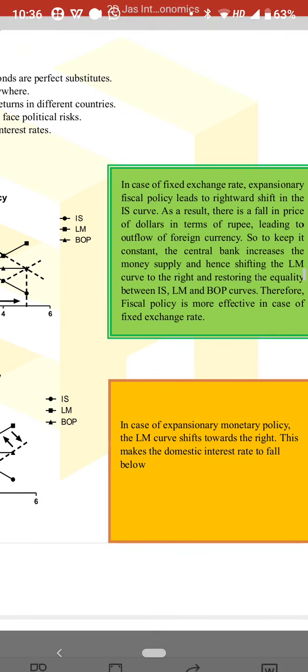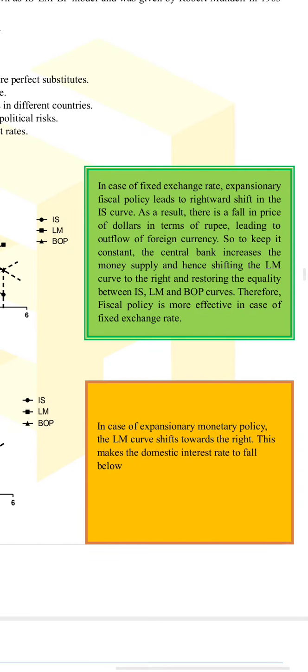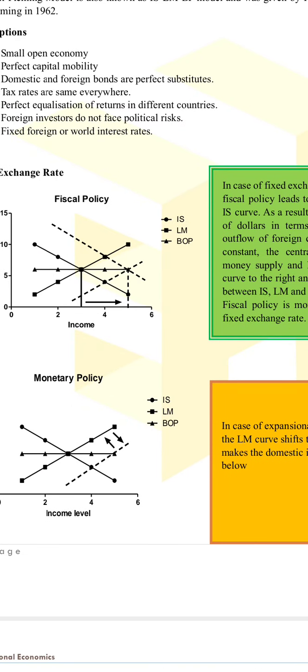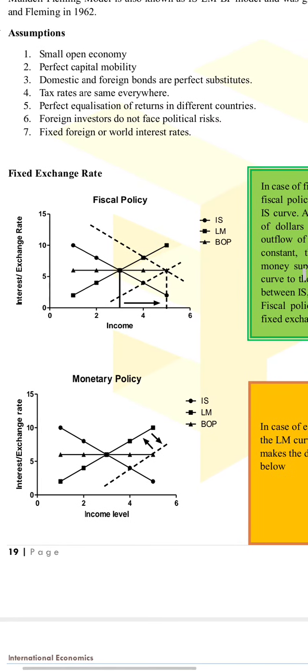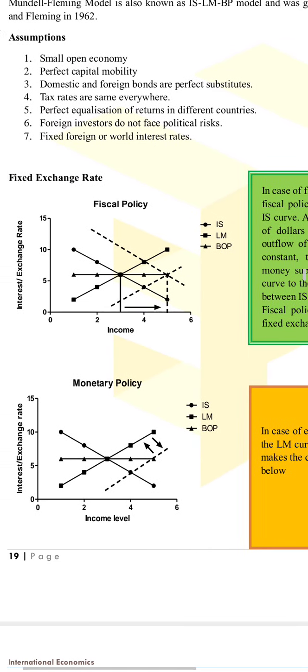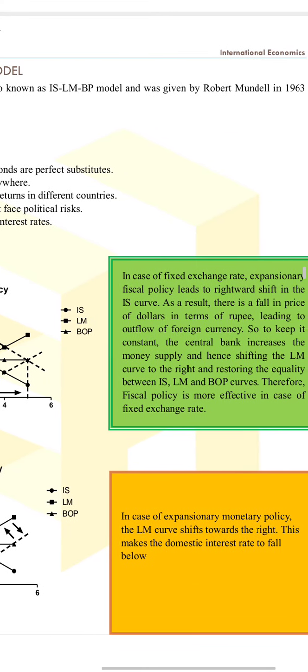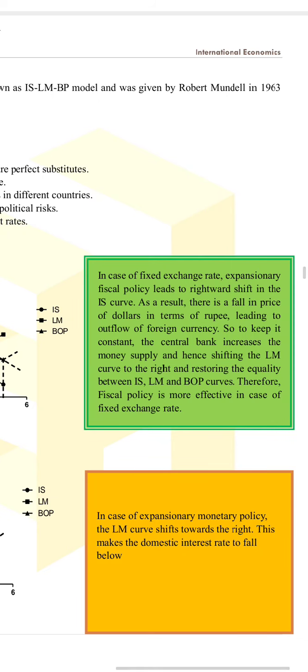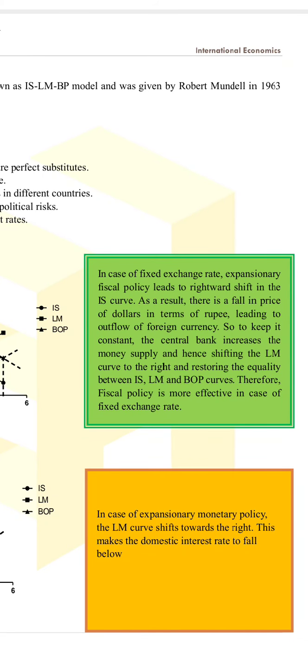Fiscal policy: in case of fixed exchange rate, expansionary fiscal policy leads to a rightward shift in the IS curve. As a result, there is a fall in the price of dollars in terms of rupee, leading to outflow of foreign currency.